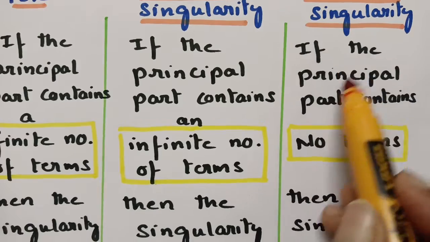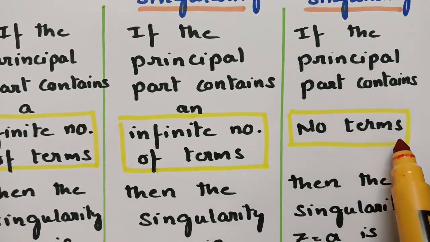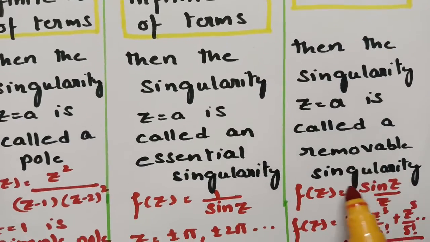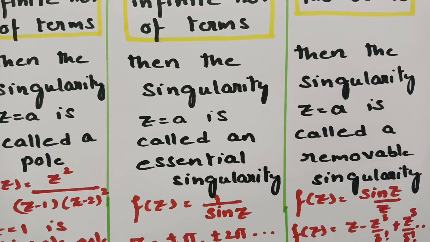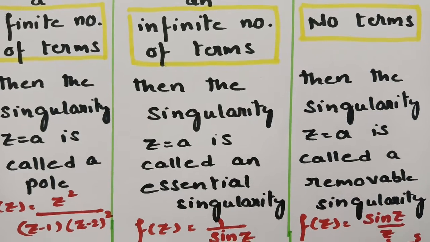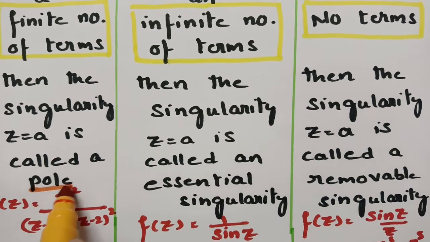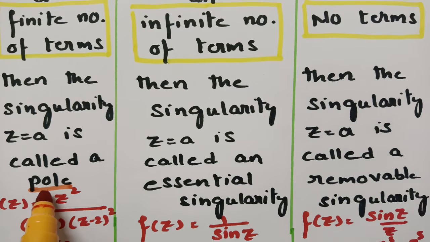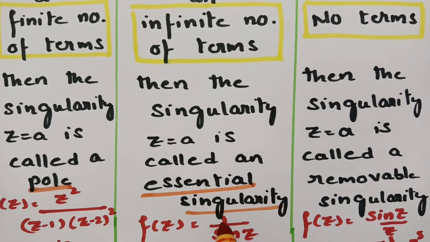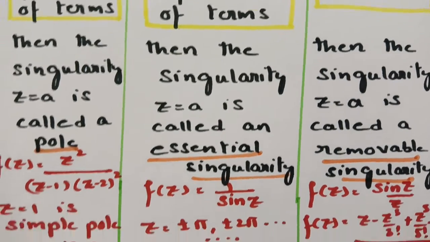If the principal part contains no terms at all, then the singularity z equal to a is called a removable singularity. So the types of isolated singularities are pole, essential singularity, and removable singularity. If the principal part contains a finite number of terms, it is a pole. If it contains an infinite number of terms, it is an essential singularity. If it contains no terms, it is a removable singularity.